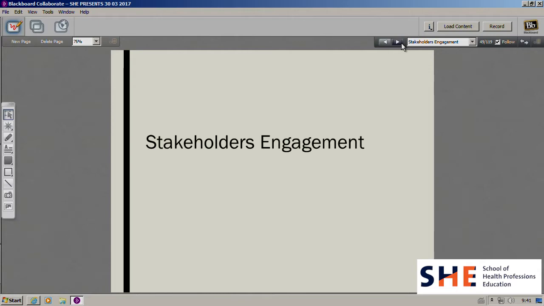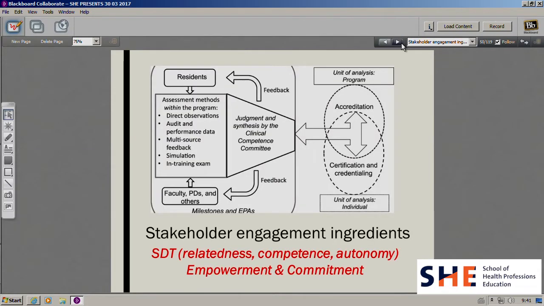If we look at stakeholder engagement within an assessment program, there are multiple stakeholders, and multiple factors that come into play to make workplace-based assessments active and effective.